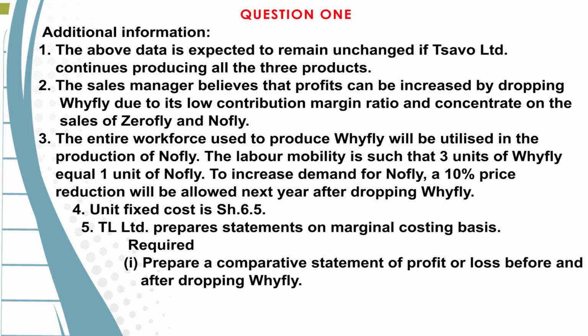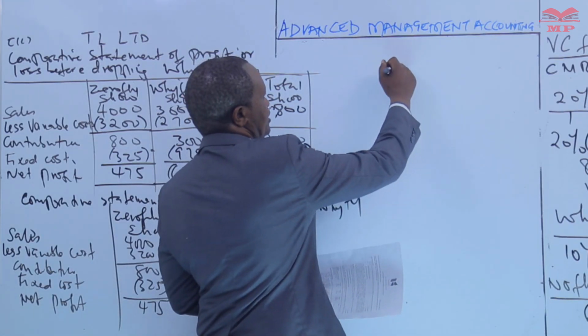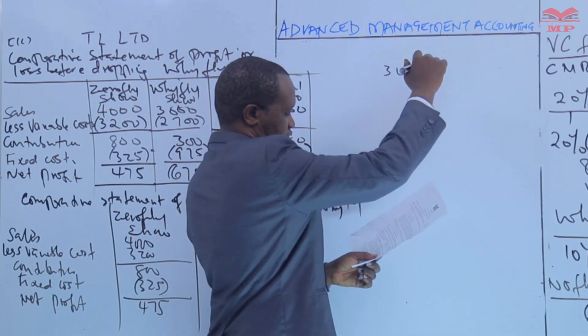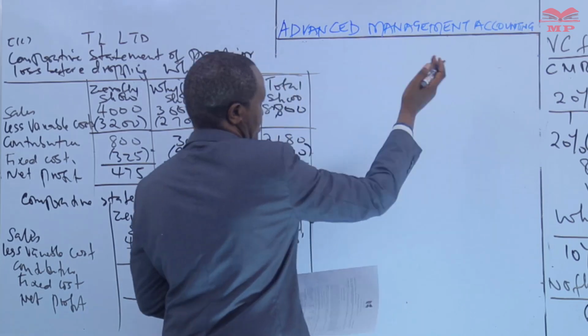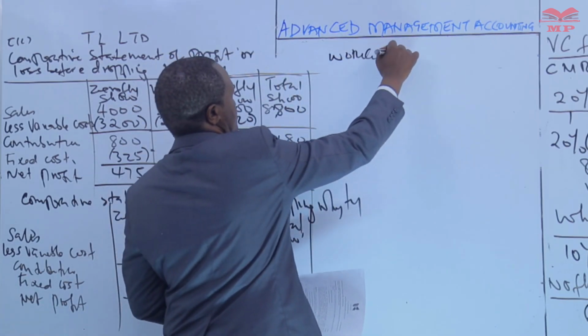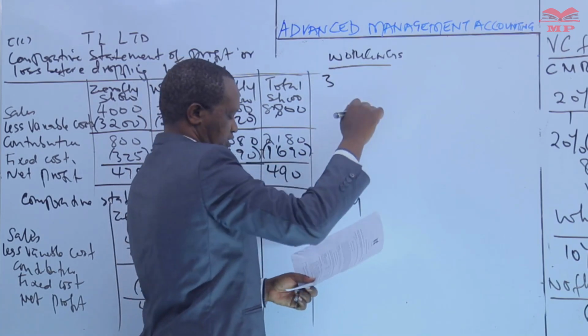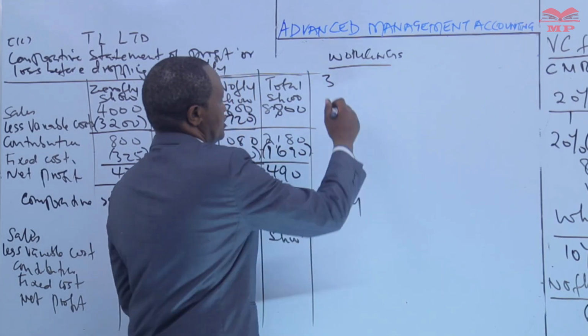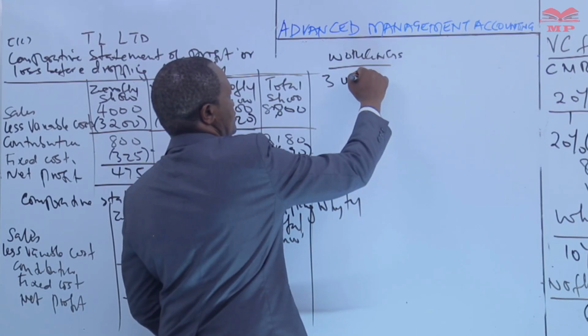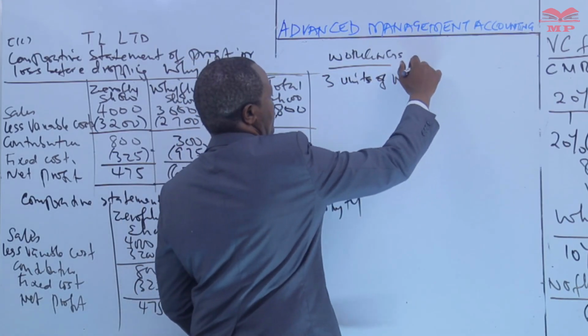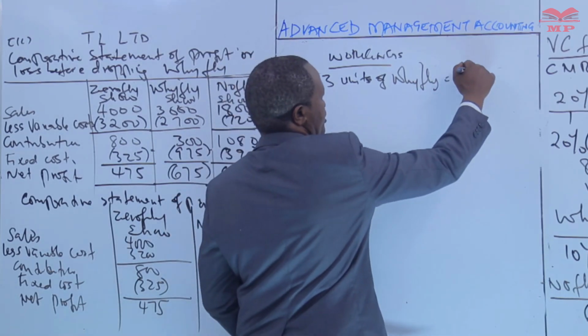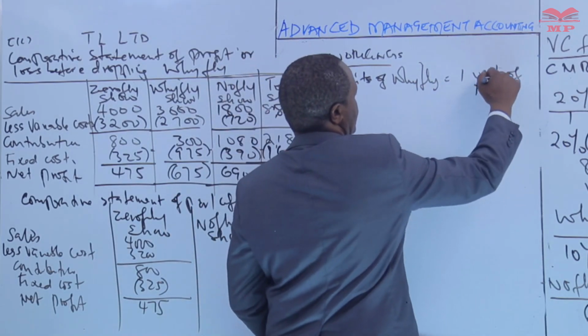We are told that the labor mobility is such that 3 units of Y-fly equal 1 unit of no-fly. This is just a working.